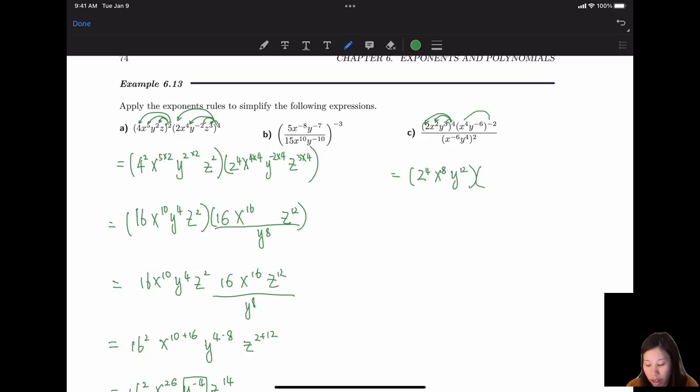And then again here, you have negative 2 times 4. You got negative 8. And then y is negative 6 times negative 2. You have positive 12. And then you have x, negative 6 times 2. You have negative 12. And then 2 times 4, you have y to the 8th power.